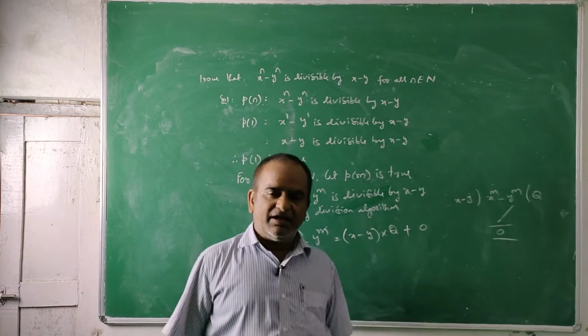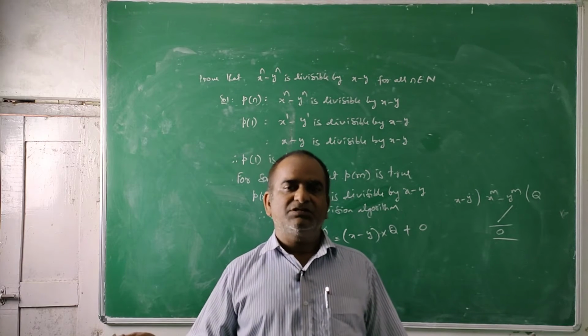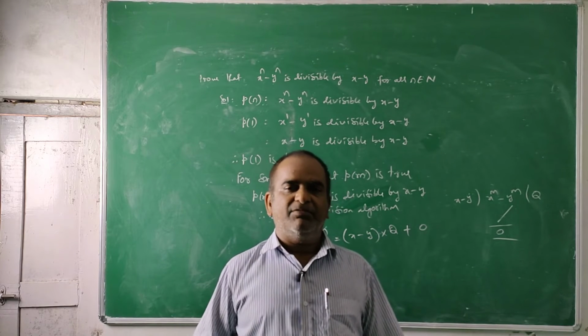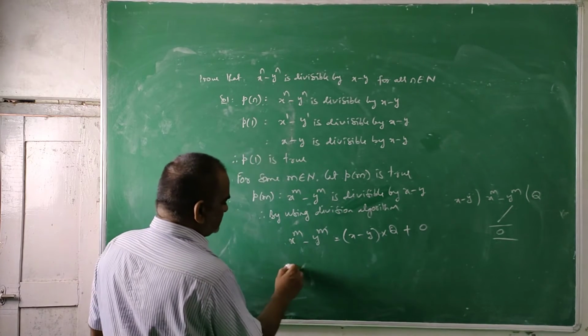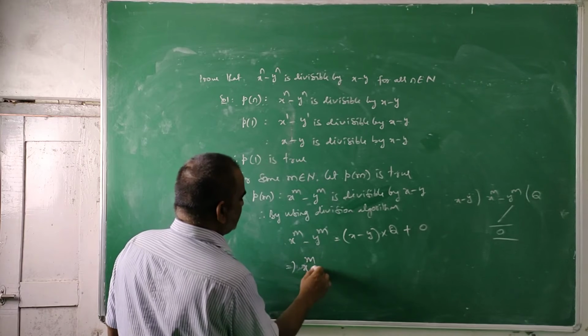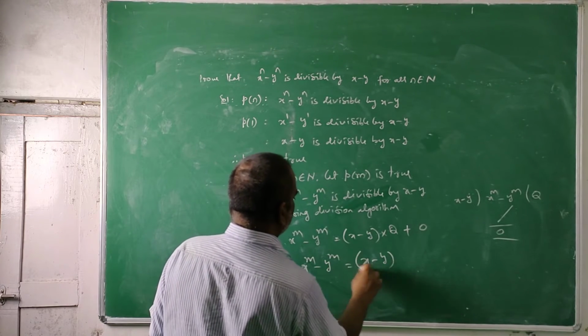Division algorithm, I suppose you all know, dividend is equal to divisor into quotient plus remainder. It is applicable for numbers as well as for polynomials. So this implies x power m minus y power m is equal to x minus y into q.